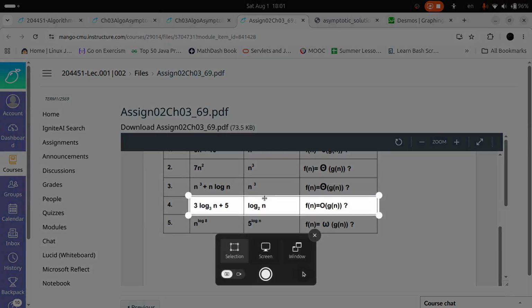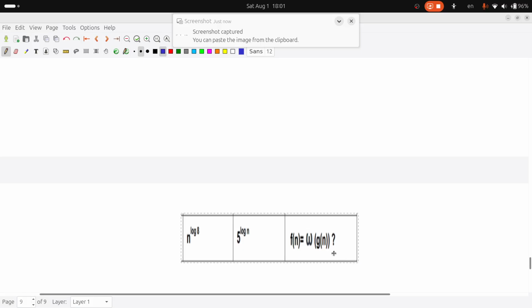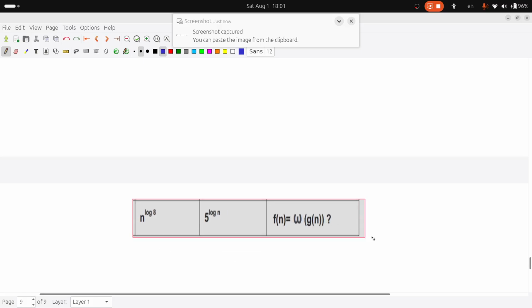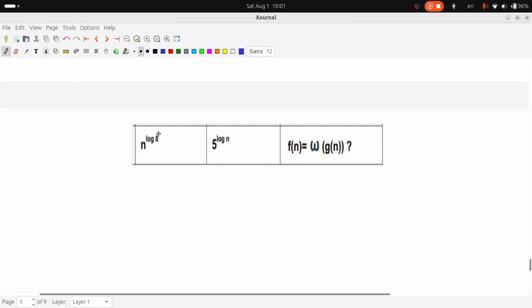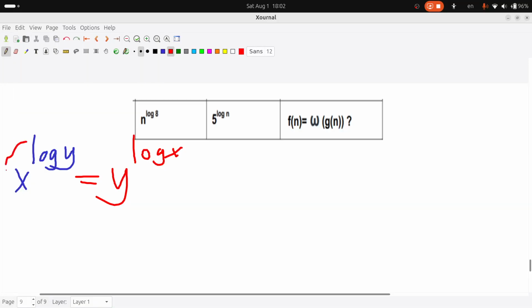And for the last question of proving asymptotic notation, I will tell you that we have to use some property of logarithms: x to the power of log y is the same as y to the power of log x.